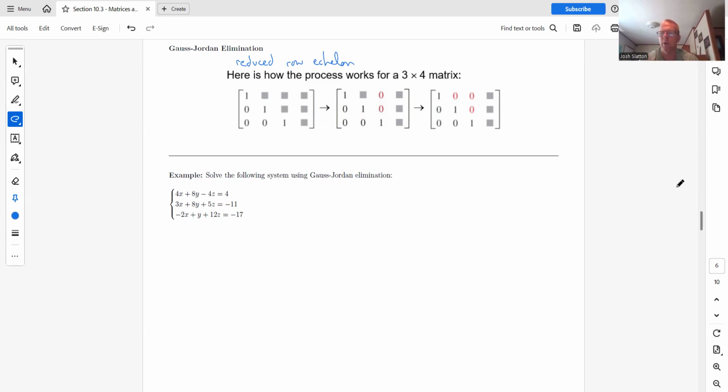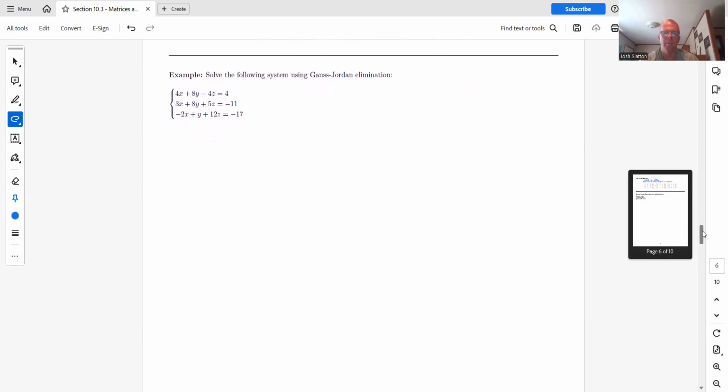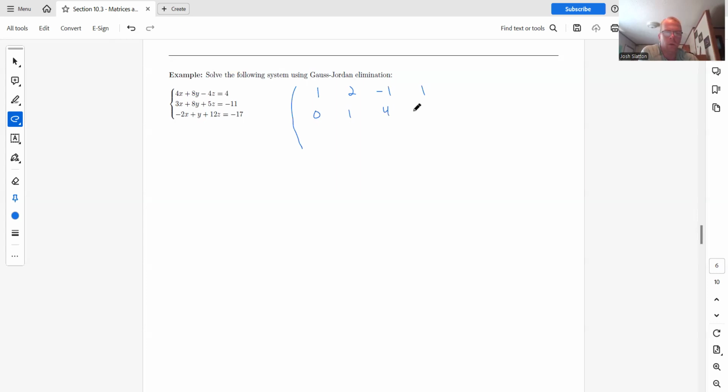So with row echelon form, you have to do the back substitution. With Gauss-Jordan, you don't have to do the back substitution. This is the same system that we had in the last problem, so let's go ahead and write the matrix that we ended up with. We had 1, 2, -1, 1, and 0, 1, 4, -7, and then 0, 0, 1, -2.